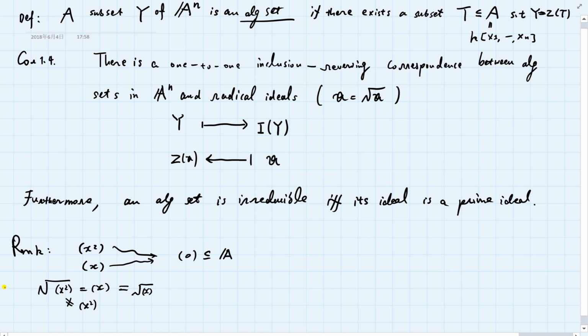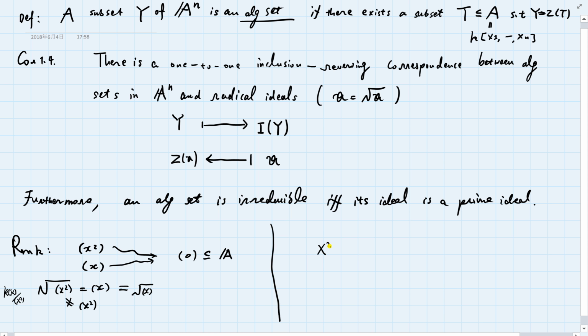So the radical ideal consists of those elements some power of which lies in it. Okay, but still it's not good enough, as we said.